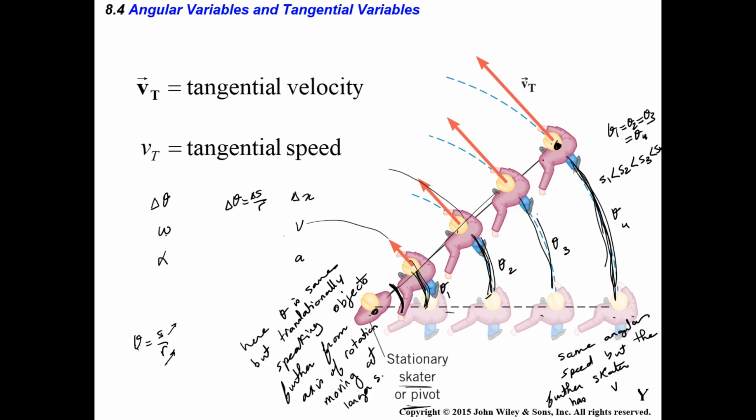So if you look at the linear or translational aspect, the further skater is moving a larger distance to keep the same angle with the rest of the skaters. Does this mean the further skater is moving at a larger speed or less speed? If he has to cover a larger distance in the same duration, is their speed larger or less?